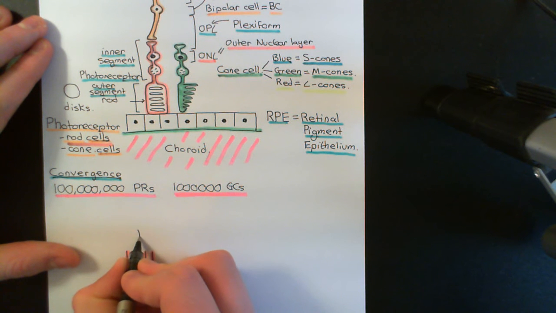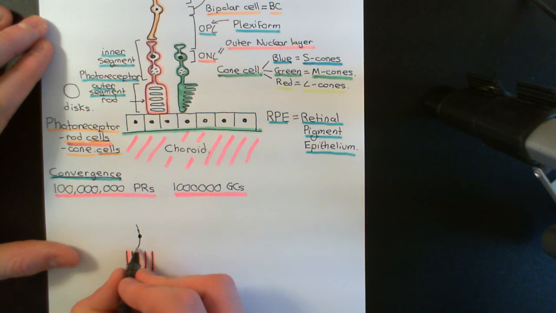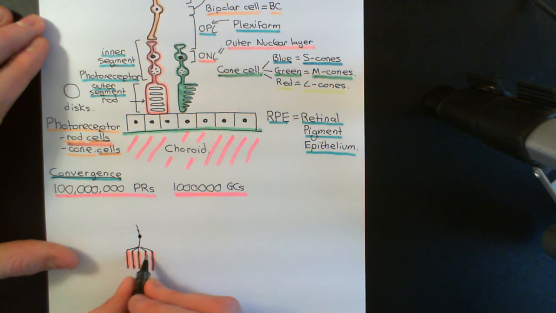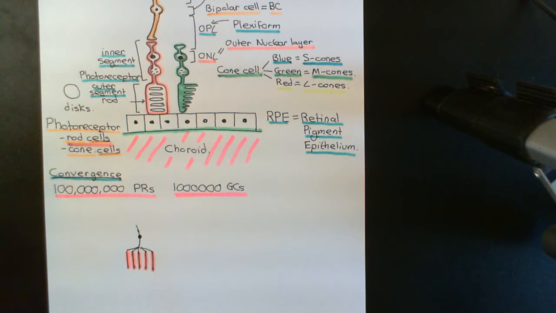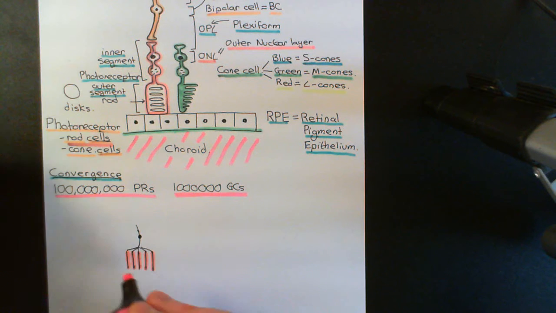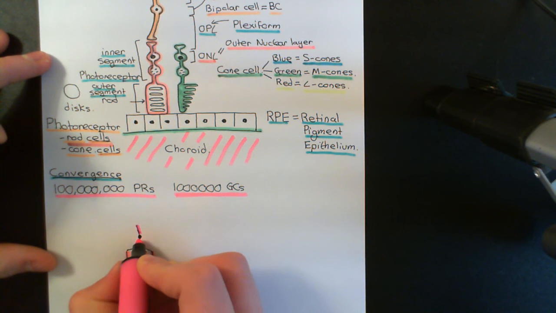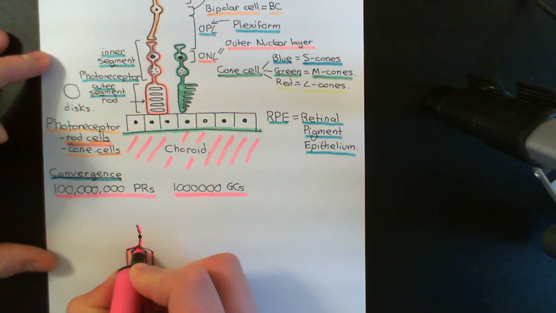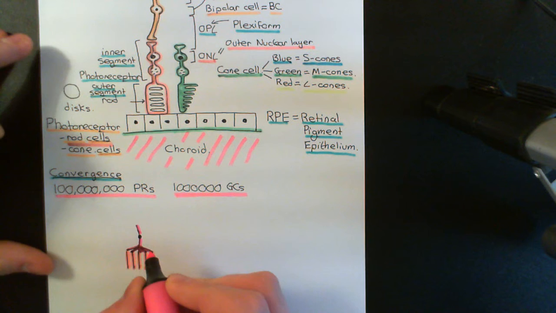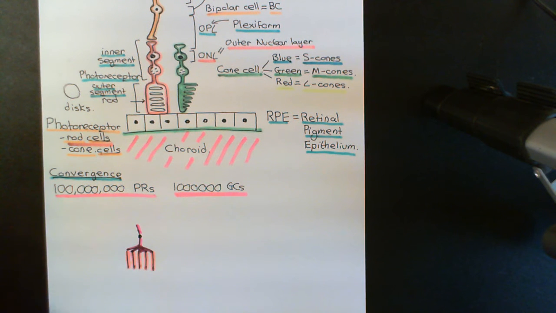So I'll draw my bipolar cell here. So here can be its cell body, and then it will have just two processes like so, but then this outer process here, it will split into loads of different little bits, which will then synapse with all of these photoreceptors, like so. Right, so here is my bipolar cell, and I should have coloured it in orange rather than changing the colour, but hopefully you get the message.